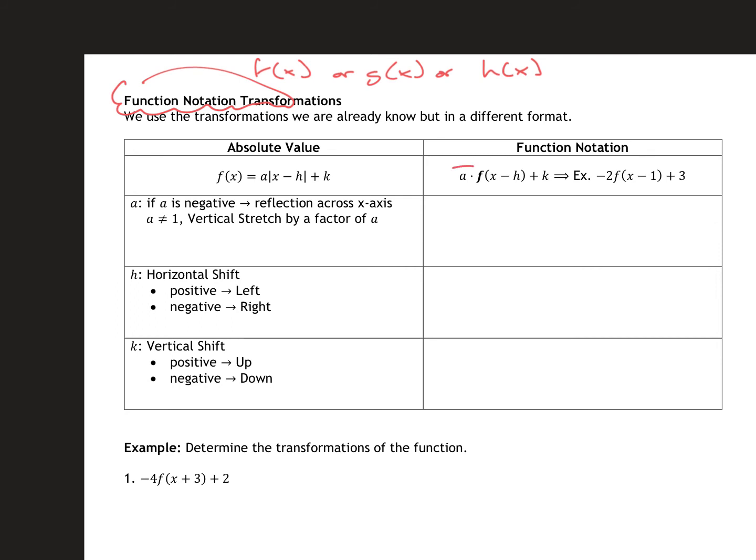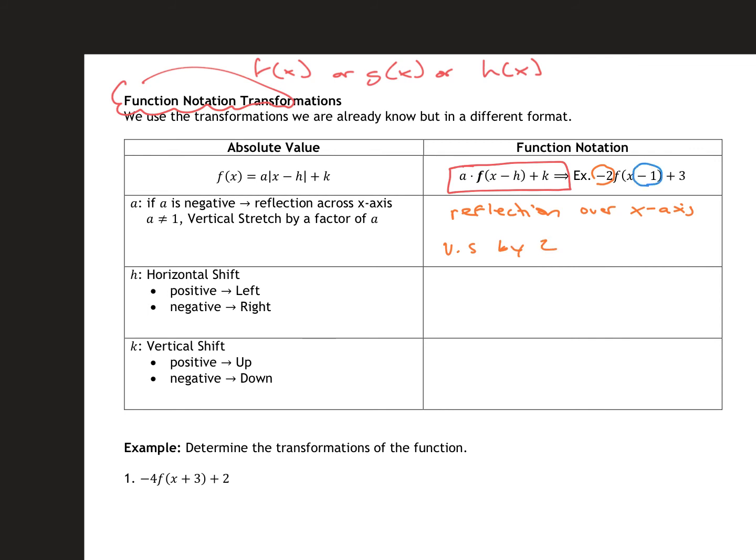So if this is my original formula for this, I can see right here, here's my negative 2. So it's a reflection since it's negative. And then it's also vertical stretch by 2.